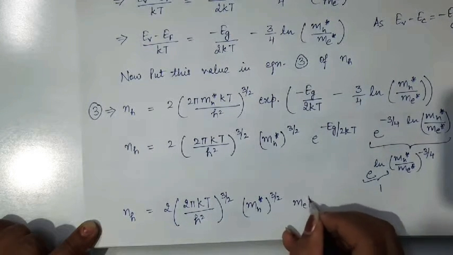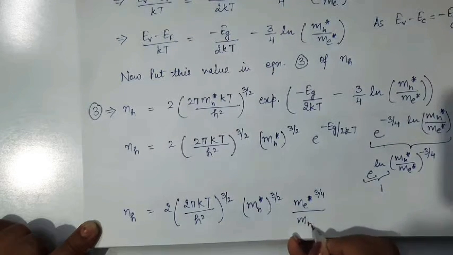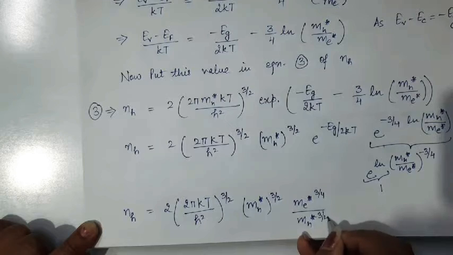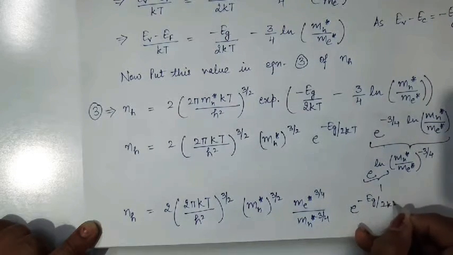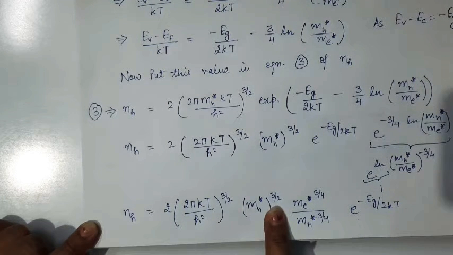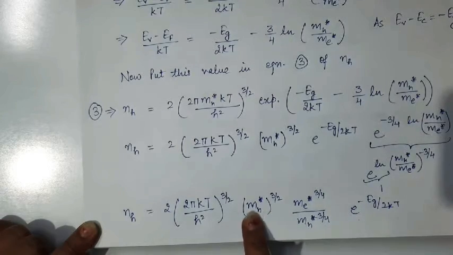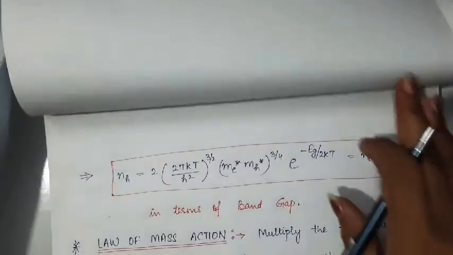So this me star 3 by 4, mh star 3 by 4, e raised to power minus Eg by 2 kT. And move this to the numerator, same base powers will be subtracted. So 3 by 2 minus 3 by 4 will become mh star 3 by 4. And we will get this required expression.